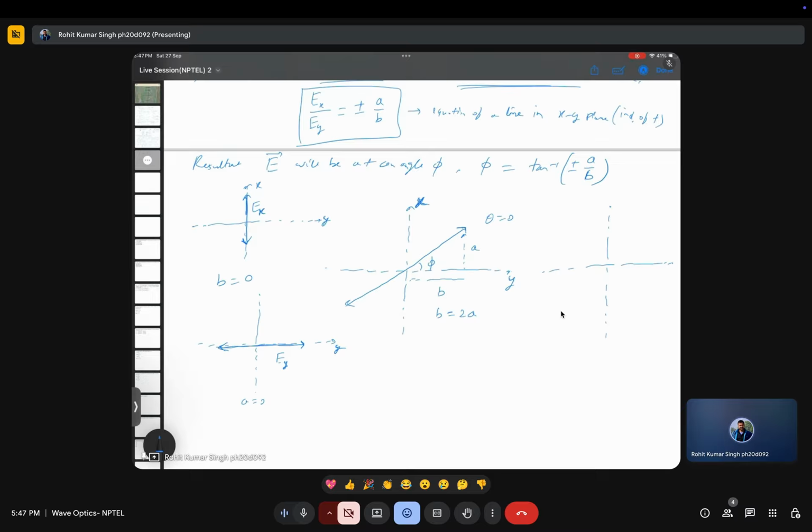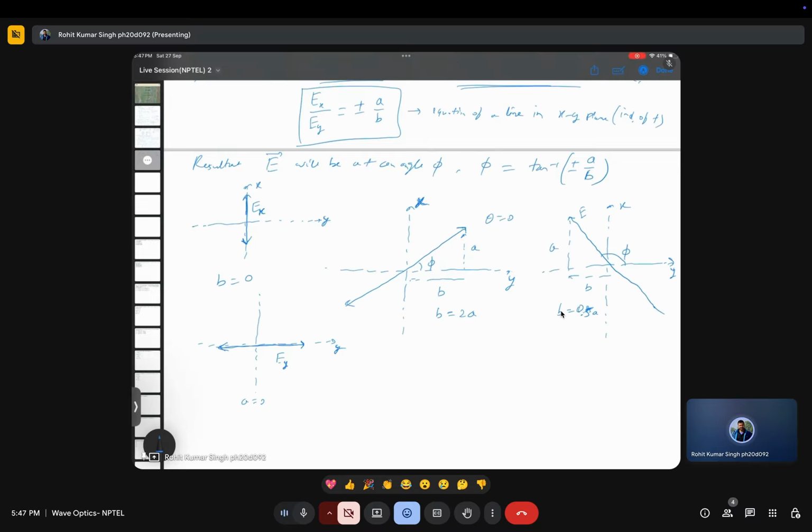So for theta equal to pi, you will have the resultant like this. This is x direction, this is y direction, this is the angle phi. So this will be your A and this will be your B. Here B will be like 0.5 of A something.